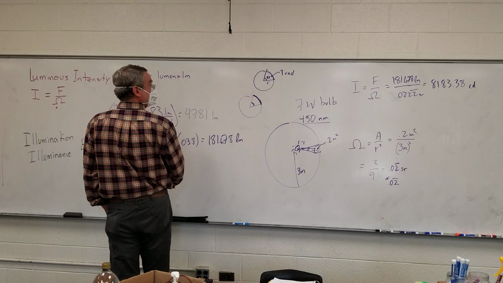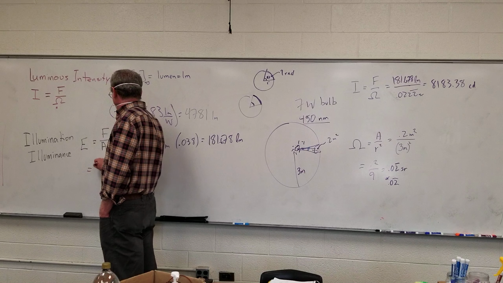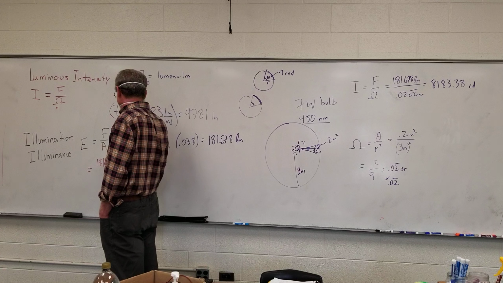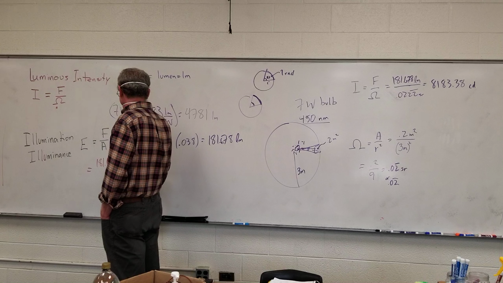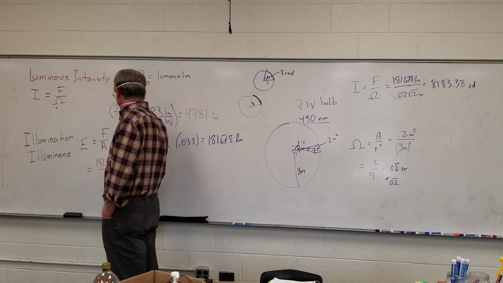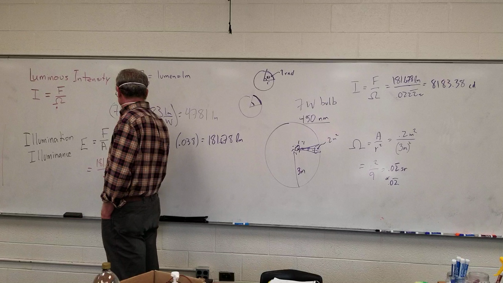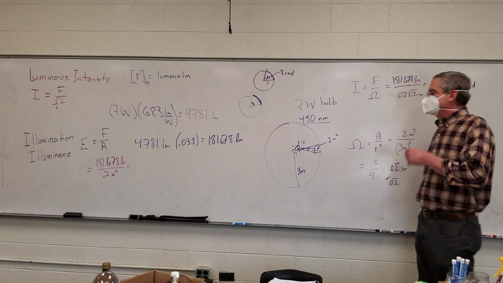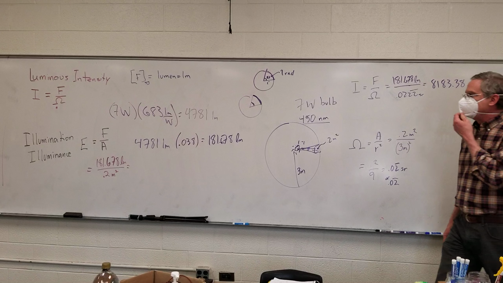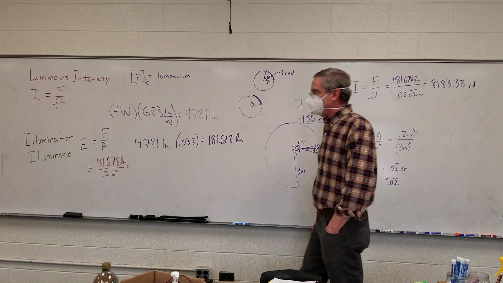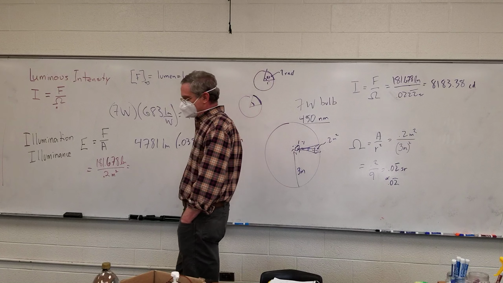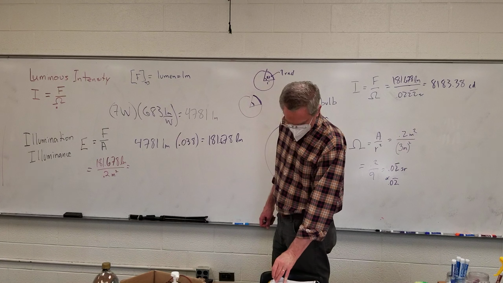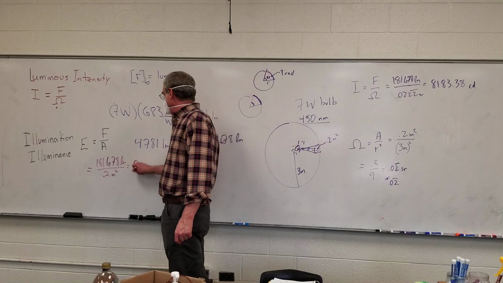And so we end up with, what was our flux, 181.678 lumens, assuming the same light, divided by 0.2 square meters. And what do we end up with for the illuminance? 908.39.